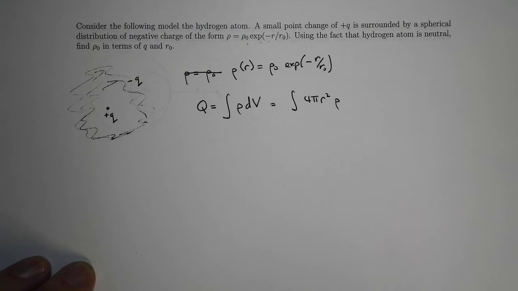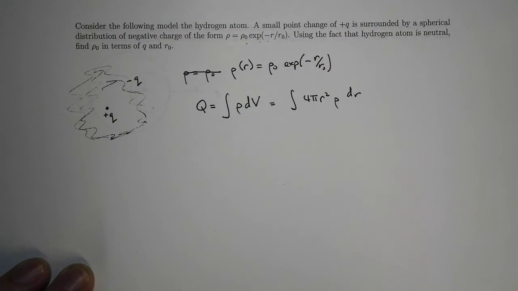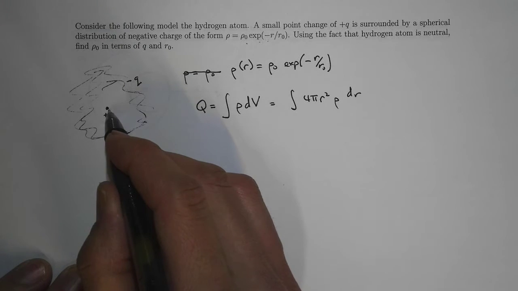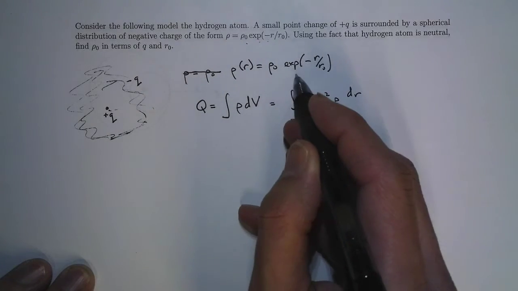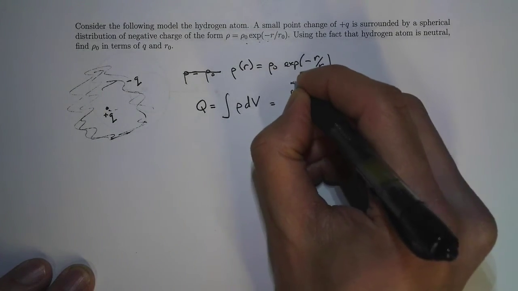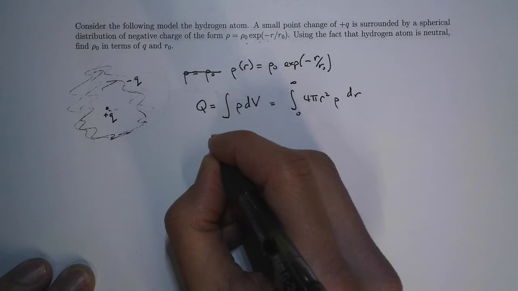Now at this point you have to keep in mind what your limits of integration are. Where are you integrating from and to? In this case, you're integrating from r equals 0 all the way out to infinity. So the integral is from 0 to infinity. Okay, let's start plugging stuff in.